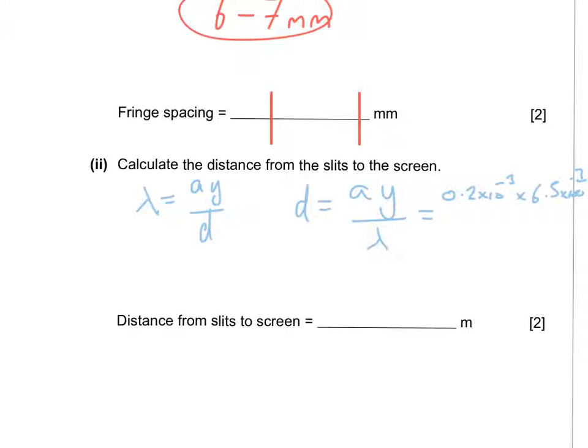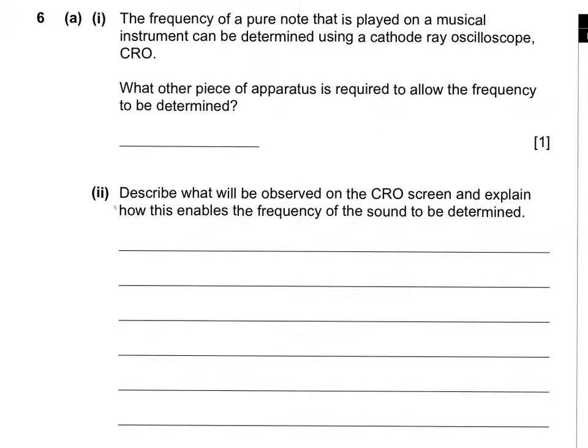So top line, we've got 0.2 millimeters times 6.5 millimeters, 10 to the minus 3 for both of those. And we divide now by lambda, and we were told that that was 650 nanometers, 10 to the minus 9, and we just calculate that and find that it's 2 meters.